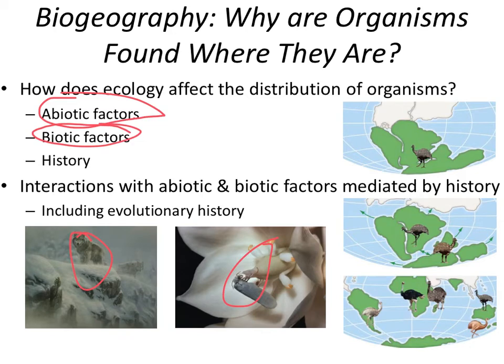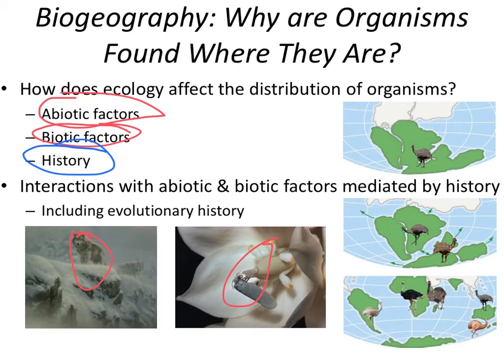So here we have this insect feeding on this flower, probably the nectar. But there's also historical factors. So interactions with abiotic and biotic factors mediated by history. And what I mean by history is including evolutionary history back perhaps hundreds of millions of years.